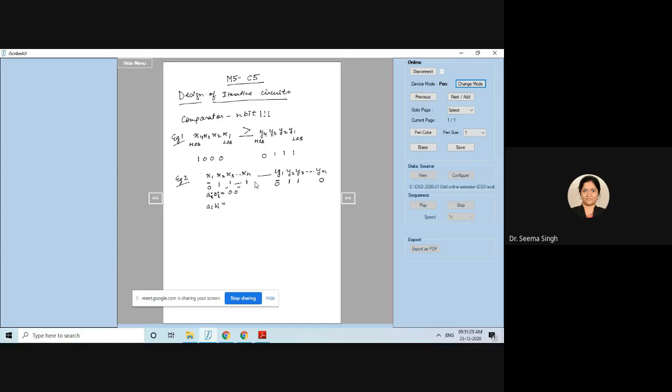So when your y is greater, the state will depend how we are taking it. Suppose I am taking my y as higher, the state may change to this 0 and 1.